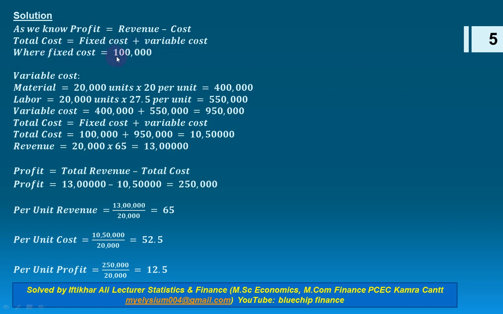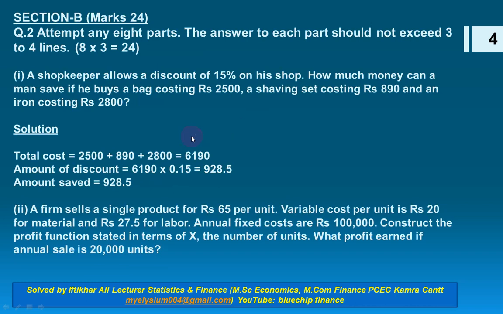Fixed cost, as it is mentioned in the question, is 100,000, and variable cost, material 20,000 units, and per unit material cost is 20, as it is given in the question, rupees 20 for material and rupees 27.5 for labor.